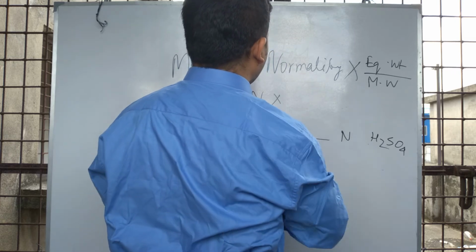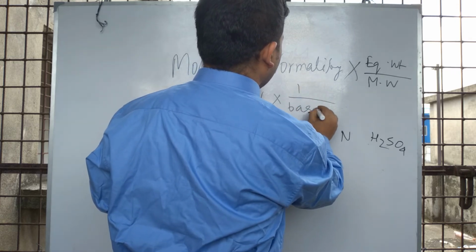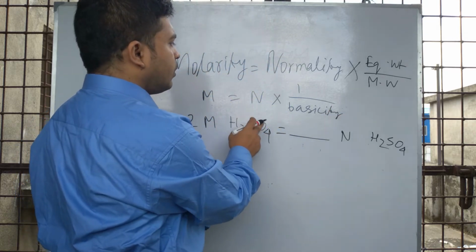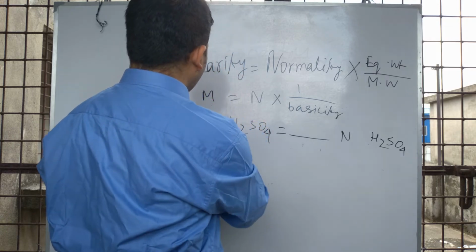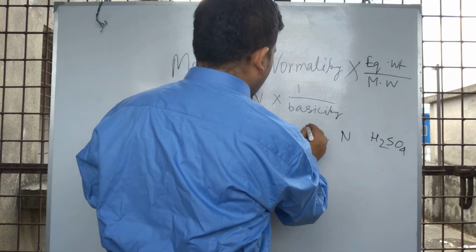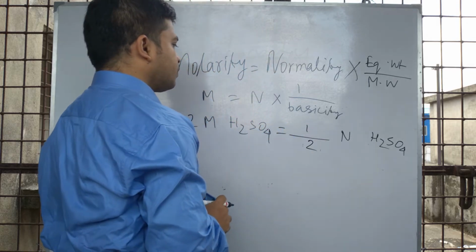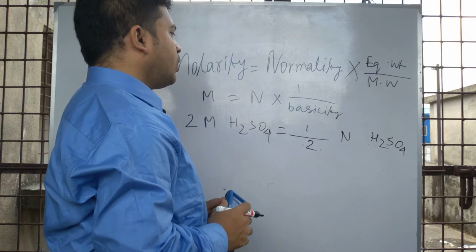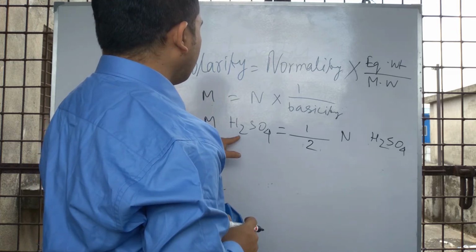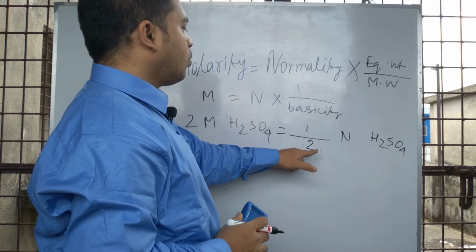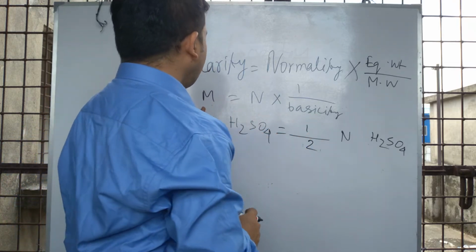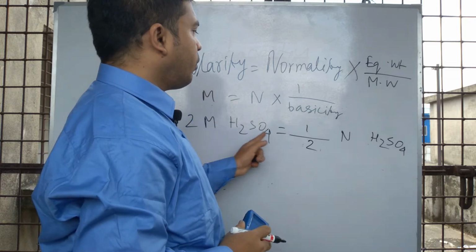Now the formula becomes 1 by basicity. The basicity of sulfuric acid is 2. So 2 molar means 1 by 2 normal, because the basicity of sulfuric acid is 2. Therefore 1 by 2 molar sulfuric acid equals 1 by 2 normal sulfuric acid. From this formula you can change molarity into normality and normality into molarity.